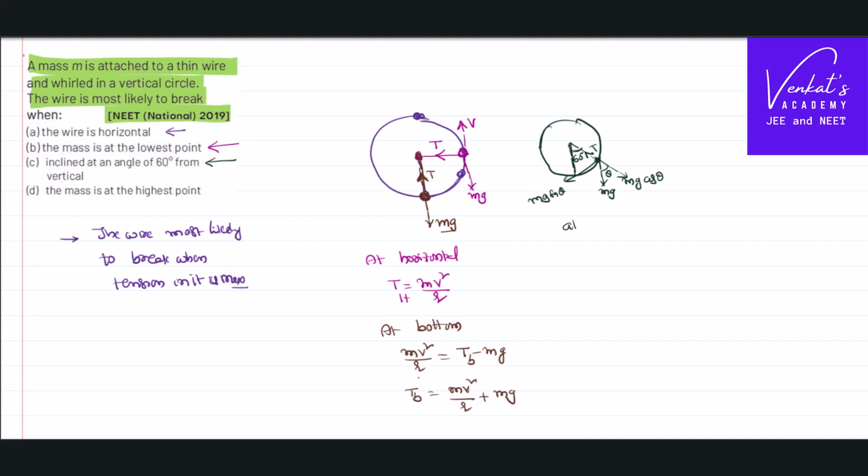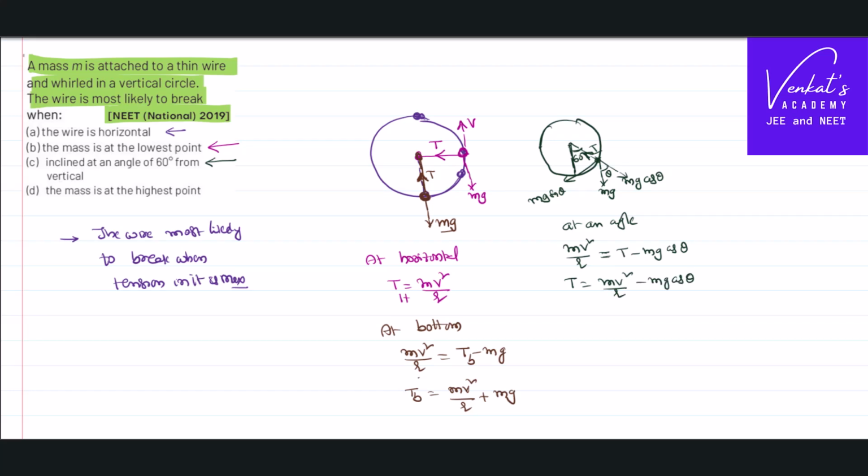So at an angle, the centripetal force mv square by r is, as we are writing a force towards the center, the force acting towards the center shall be treated as positive. mg cos theta is acting away from the center, that is minus mg cos theta. So T minus mg cos theta equals mv square by r.